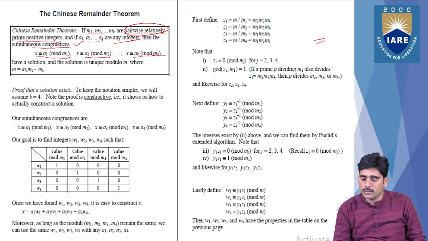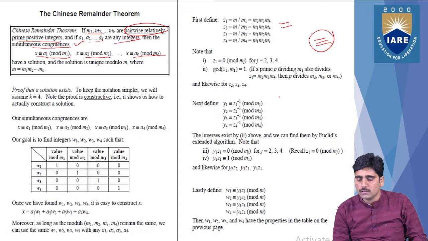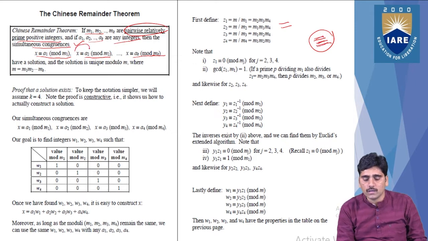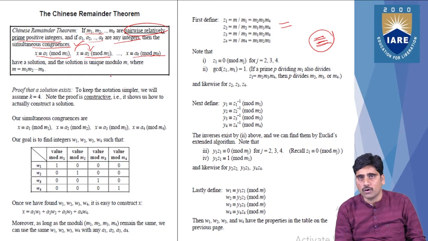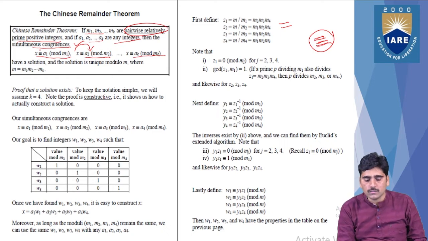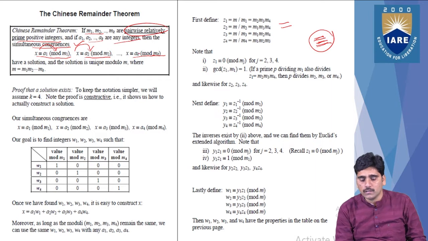This symbol indicates congruence. If you write it like an assignment, it is nothing but equals to, assigning the value. So x is congruent to A1 mod M1, x is congruent to A2 mod M2, and x is congruent to Ak mod Mk, have a solution.